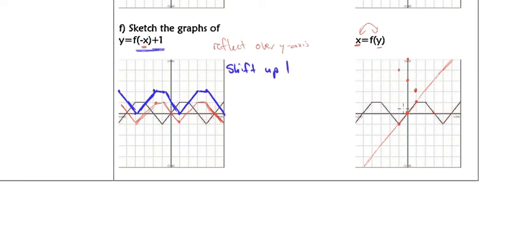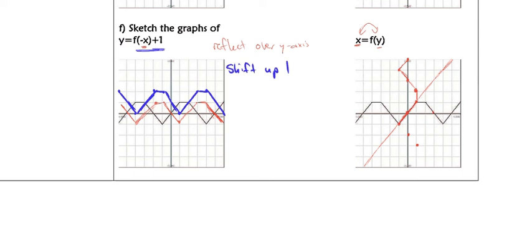The point negative 2, 0 becomes 0, negative 2. The point negative 3, 1 becomes 1, negative 3. And everything's getting reflected across the line of y equals x.